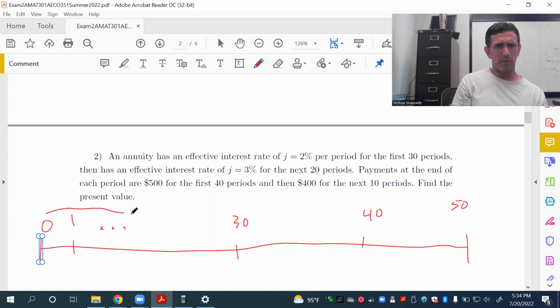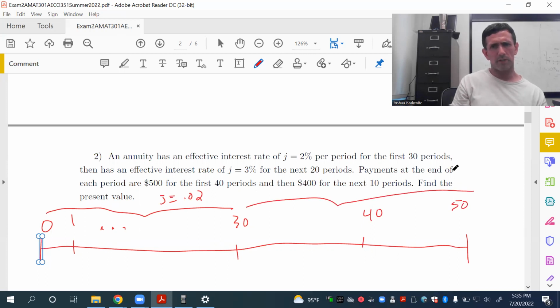First and foremost, 2% interest for the first 30 periods. For the next 20 periods, it's 3%. 500 for the first 40 periods.